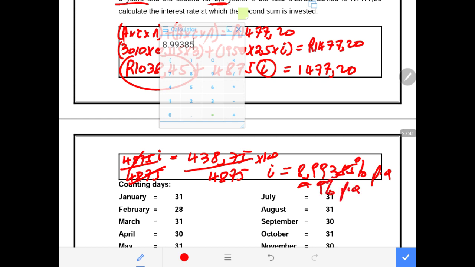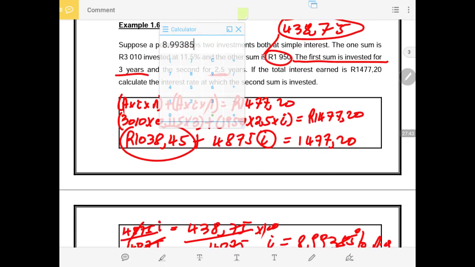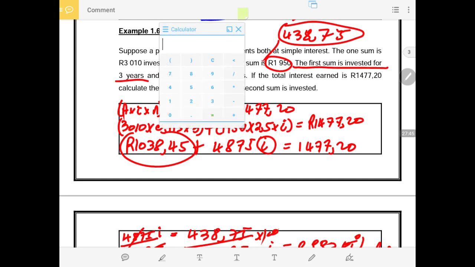And if you have seen in the calculation that I've done, you get exactly 9%. The previous one where we just said 438.75 divided by amount invested, which is 1,950, times by 2.5. When we do this, we get exactly 9%, no rounding off.